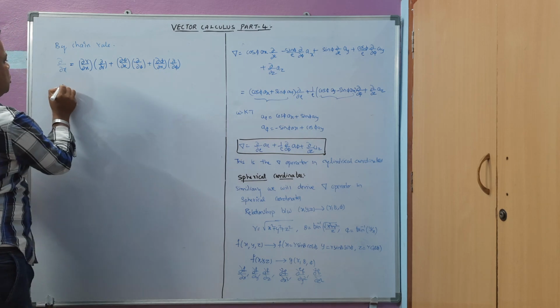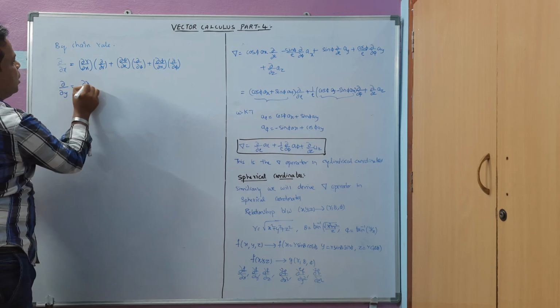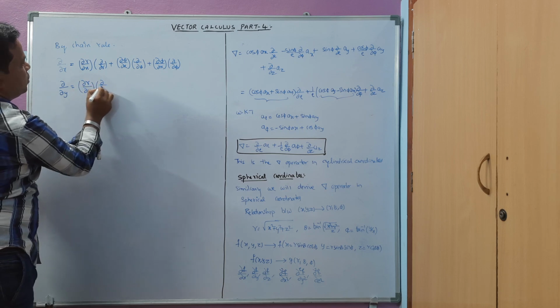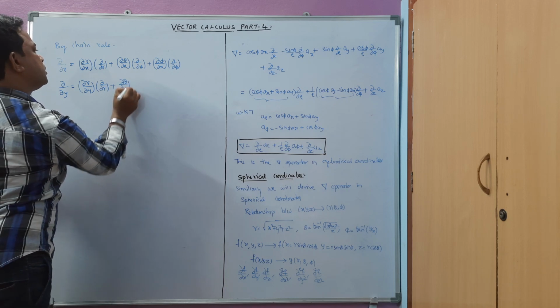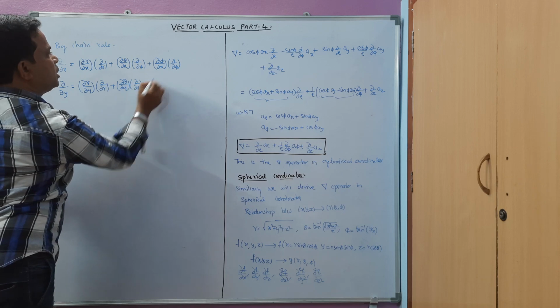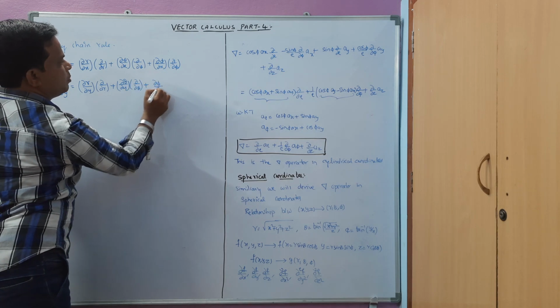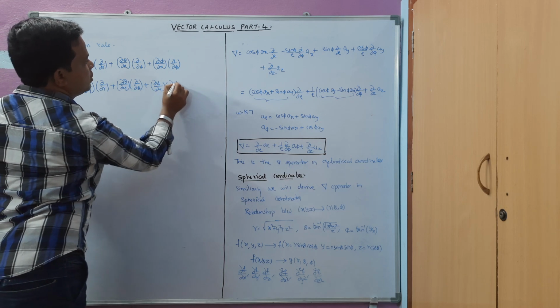Okay, now dou by dou y: dou r by dou y into dou by dou r, plus dou theta by dou y into dou by dou theta, plus dou phi by dou y into dou by dou phi.